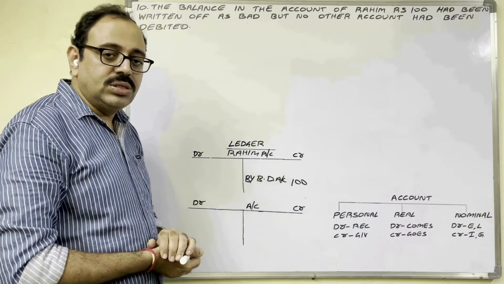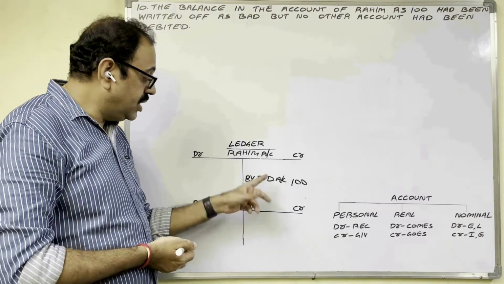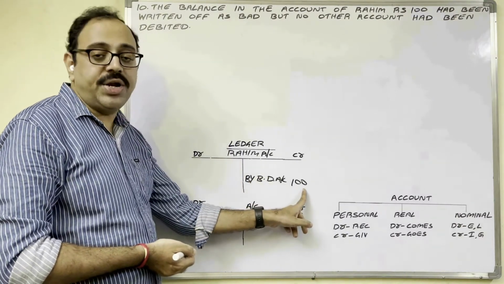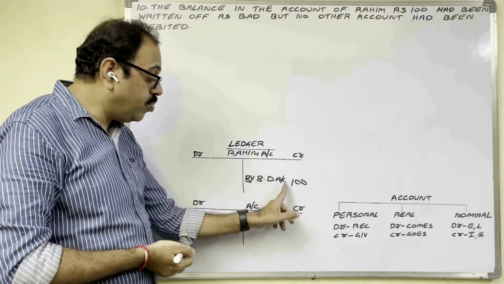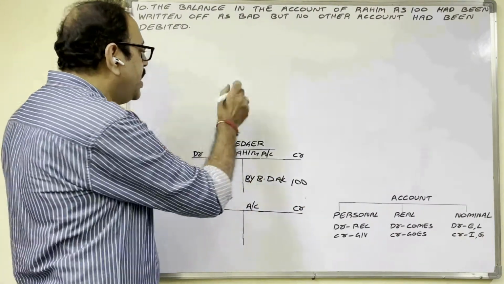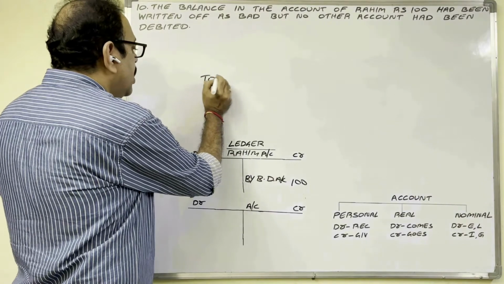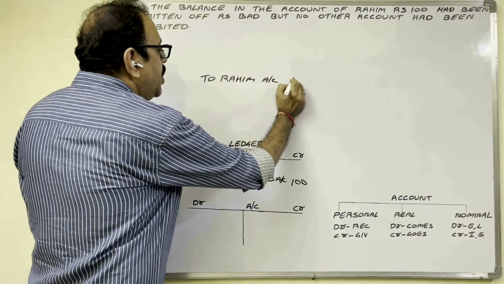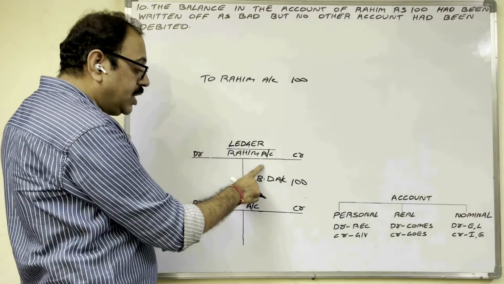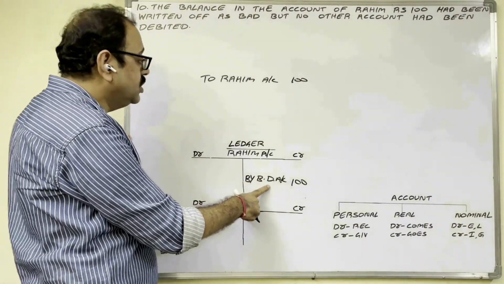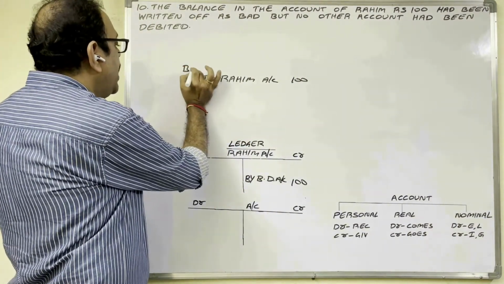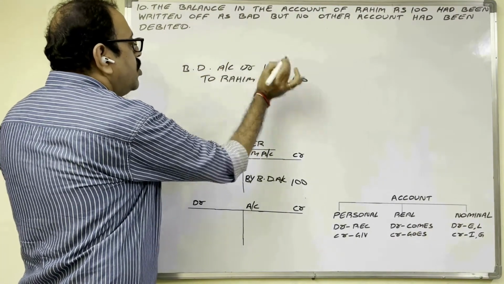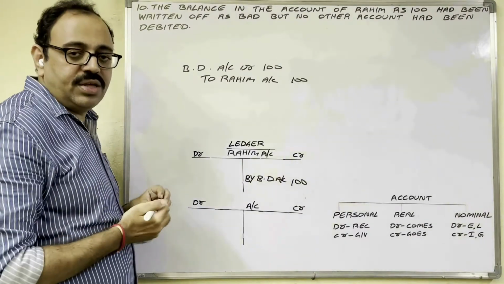The account is closed. What is the journal entry for this? In Rahim's account, on the credit side, we posted by bad debt 100 rupees. If you want to post like this, while writing the journal entry, Rahim's account should be credited with 100 rupees. And in the particulars column we wrote bad debt account. This means the bad debt account should be debited with the same amount, 100 rupees. This is the entry.